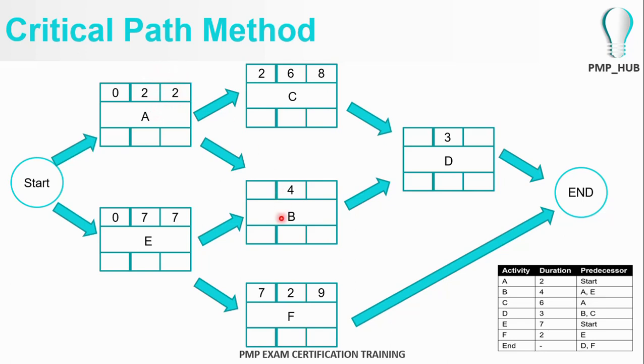However, activity B is dependent on the output of activity E. In that way, even though activity A finishes on day 2, the earliest start time activity B can start is after day 7, because activity B depends on the output of activity E. So the earliest start time of B is day number 7, not day number 2.